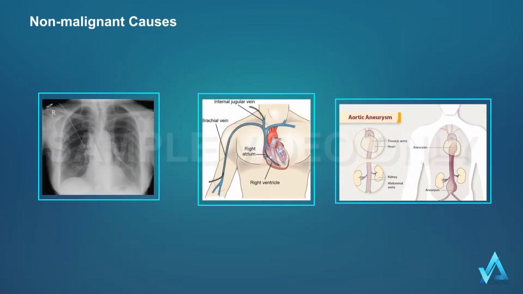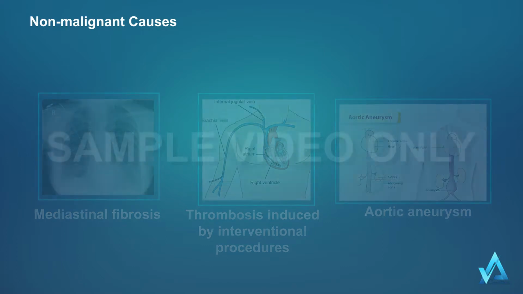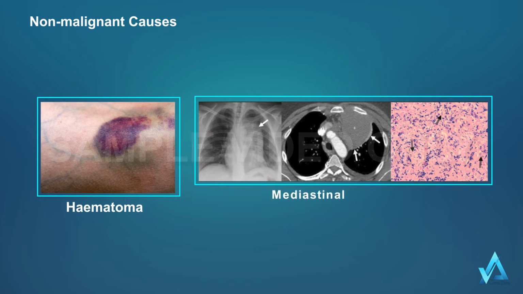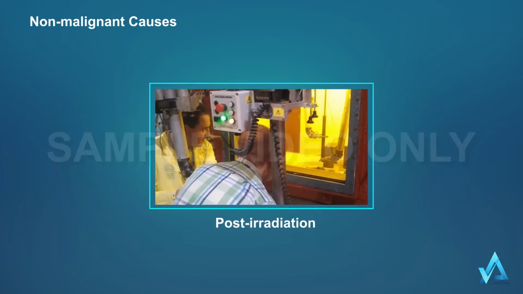Non-malignant causes: mediastinal fibrosis, TB, syphilis or histoplasmosis, thrombosis induced by interventional procedures, pacemaker catheter, Levine shunt, Swan-Ganz catheter, CV access devices, aortic aneurysm, hematoma, mediastinal sclerosis, post-irradiation.